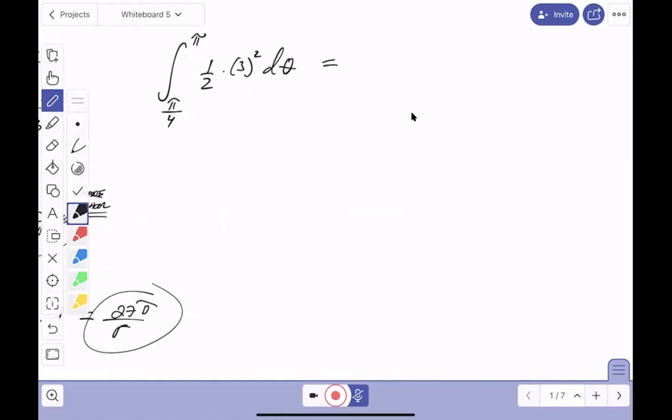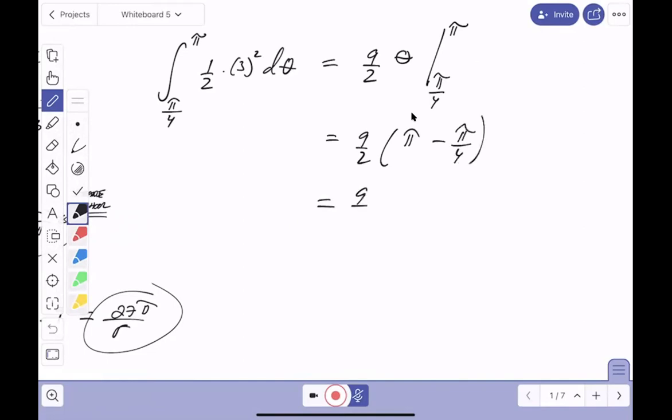That's going to be 9/2 theta from pi over 4 to pi. Hope I didn't make any mistakes here. It's going to be 9/2 times pi minus pi over 4. That would be 3 pi over 4, which gives 27 pi over 8.